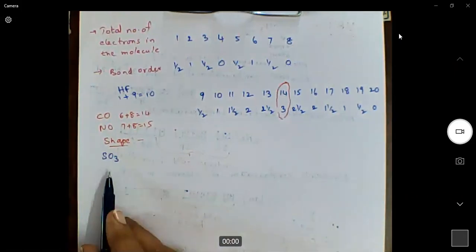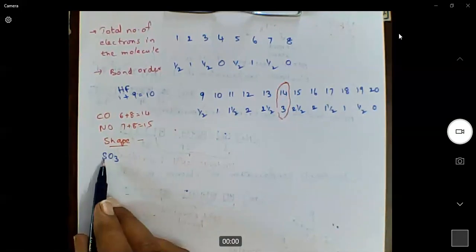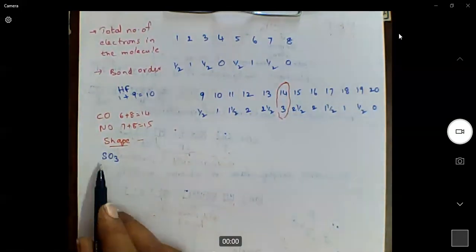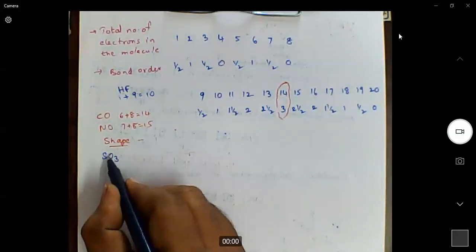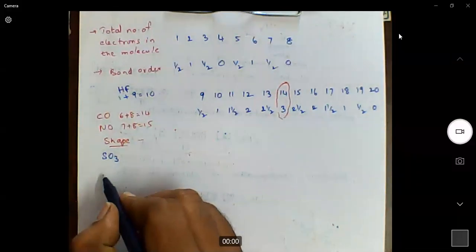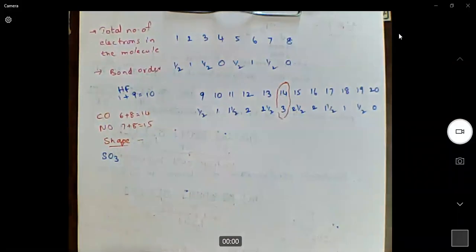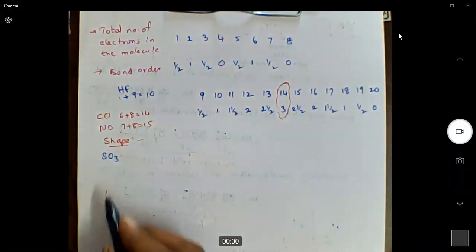In SO3 molecule, sulfur is the central atom and oxygen is bonded to sulfur. Now, for sulfur, we will consider only valency electrons. Sulfur is in the oxygen group, which has 6 valency electrons.